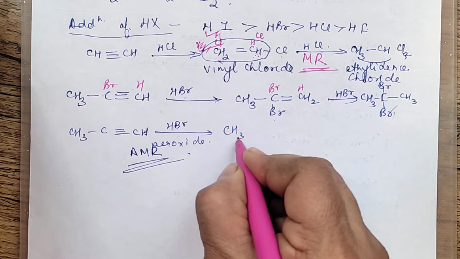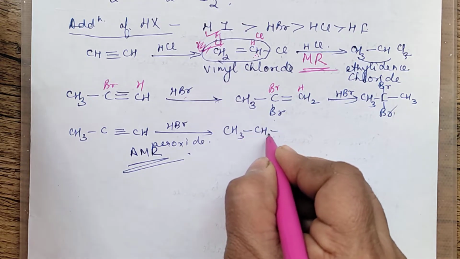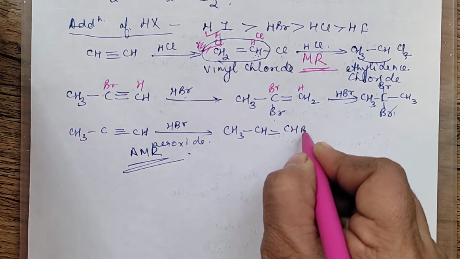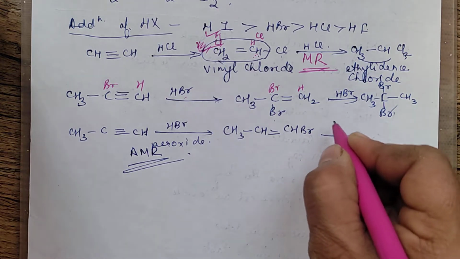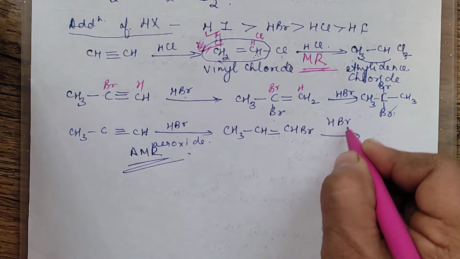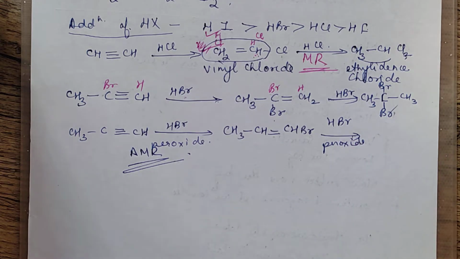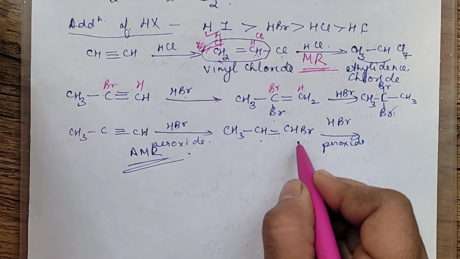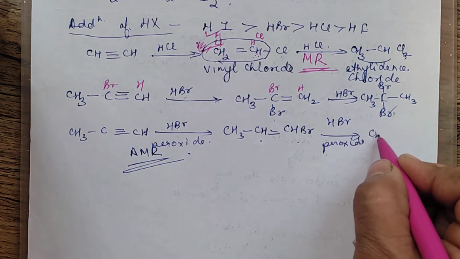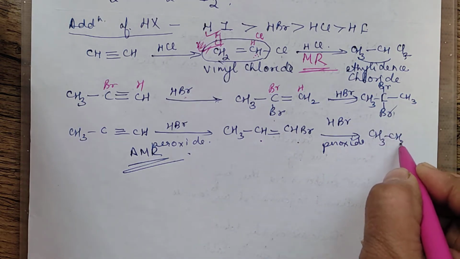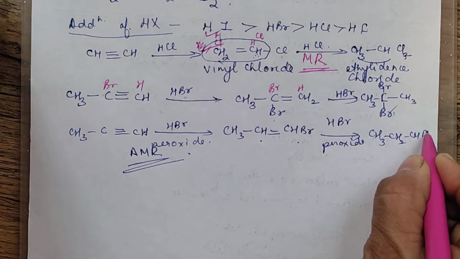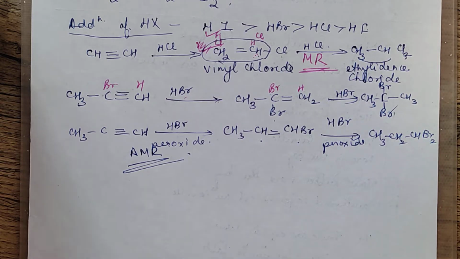So you will get CH3, CH, double bond, CH, Br. One more HBr can be added on, again in the presence of peroxide. Again it's going to follow anti-Markovnikov. So H here, Br here. So what you will get is CH3, CH2, CH, Br2. This will be the product.